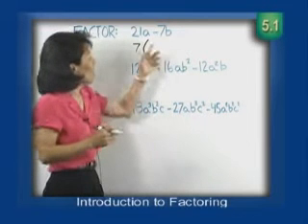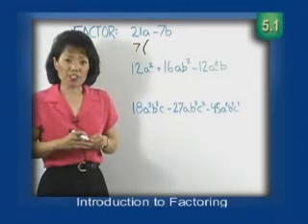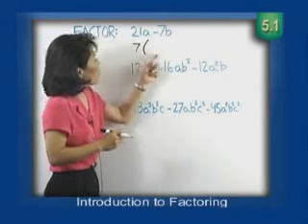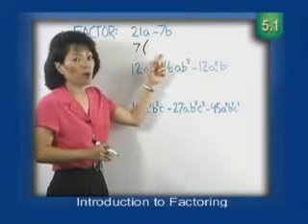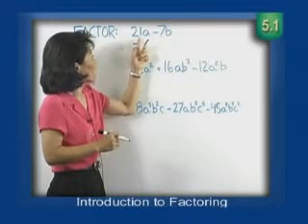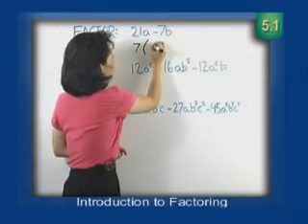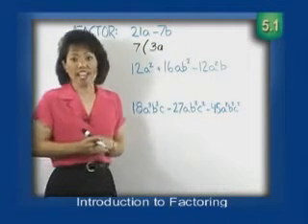Now, by writing the 7 out front, we call that factoring out the greatest common factor. So we factored out the 7, and we're going to ask ourselves, 7 times what number will get us back to this 21a? Well, I'm sure you know that 7 times 3 is 21, and to get the a, just write the a next to the 3.